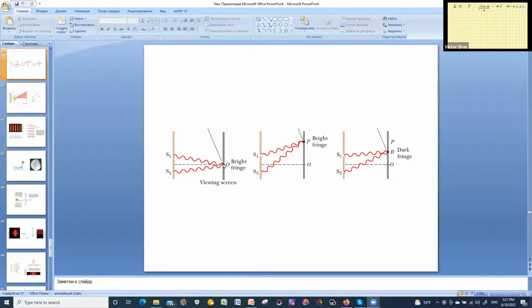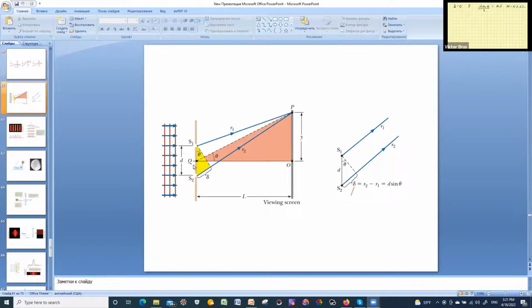So that will be the so-called first main maximum of the interference. And then, if we go further, it just depends on the angle. We get constructive or destructive. So we have the condition for constructive interference.